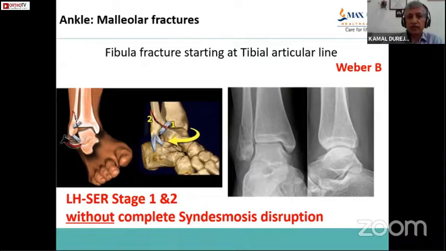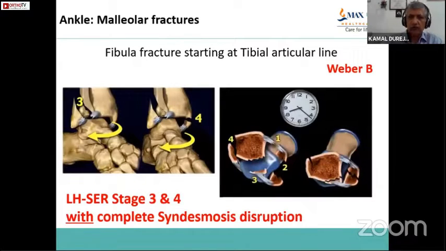Stage 1 is when the ligament ruptures, and stage 2 is when the fibular fracture takes place. If the force continues, we go on to stage 3 and stage 4 of the Lauge-Hansen. With stage 3, either the posterior malleolus fragment fractures or the posterior syndesmotic ligament ruptures. And in stage 4, the medial malleolus fractures.